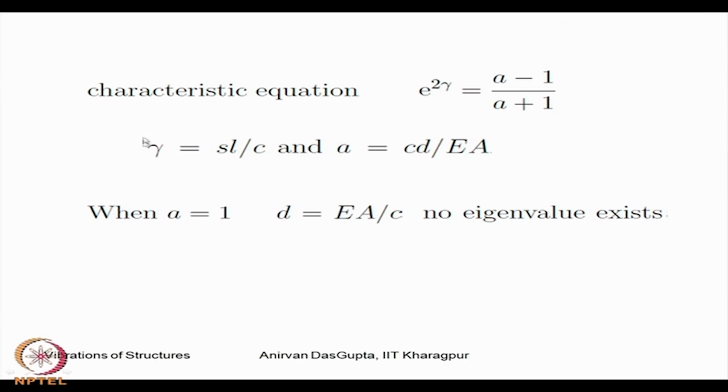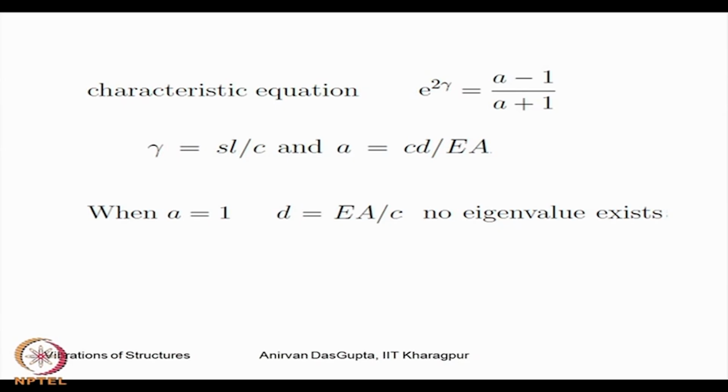where this gamma is related to the eigenvalue of the problem S, and A is a constant which is defined in terms of the speed of propagation of axial waves, the damping, and the material properties and geometry of the bar. Now, you see that when A equals 1, there is no value of gamma for which this characteristic equation can be satisfied.